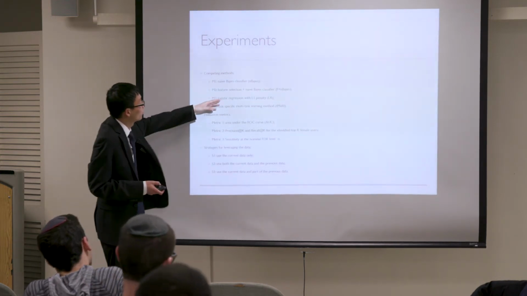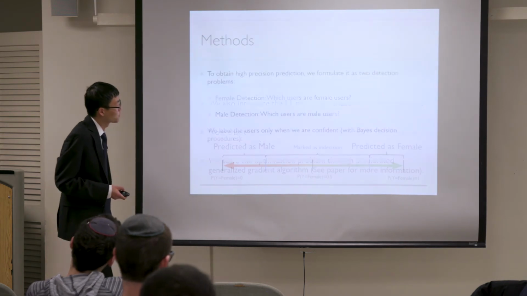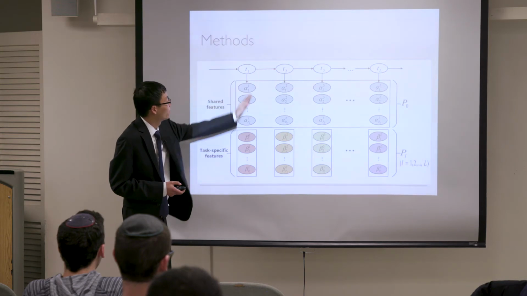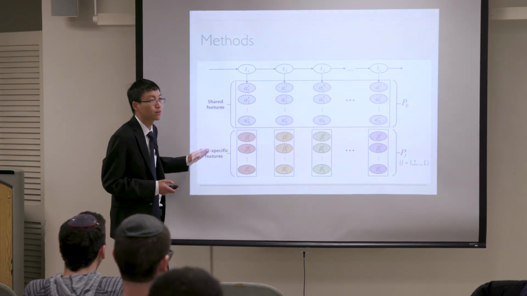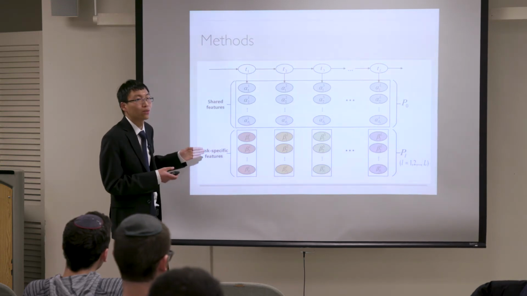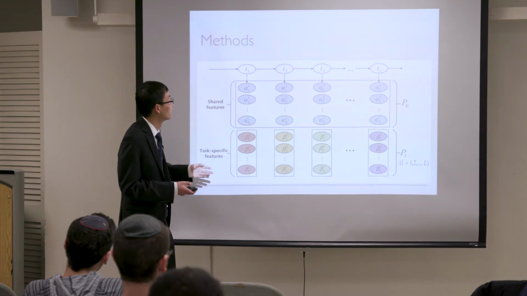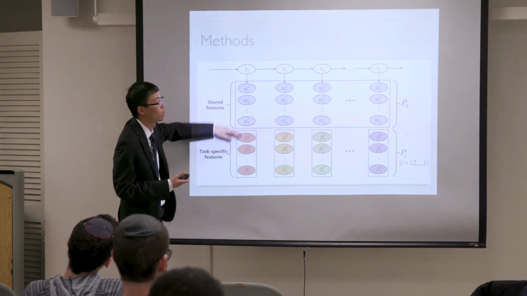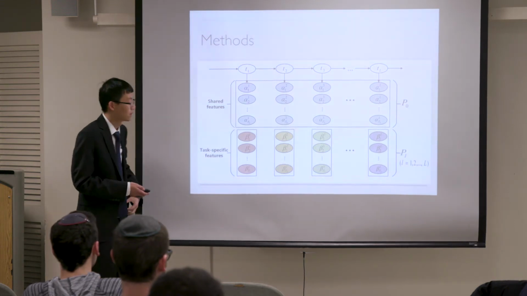And why do we compare with logistic regression? If we treat all the features as task-specific features, then this will reduce to logistic regression with L1 penalty, because we just remove this term and put all the L1 penalty, then it will be the same.